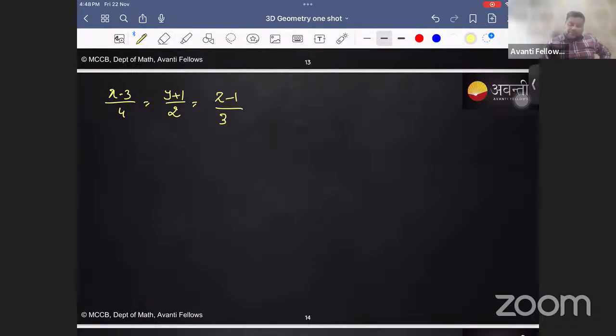This is the 3D form. Vector form we can write it. The line is passing through 3, minus 1, 1, so 3i cap minus j cap plus k cap plus lambda times 4i cap plus 2j cap plus 3k cap. Am I clear?